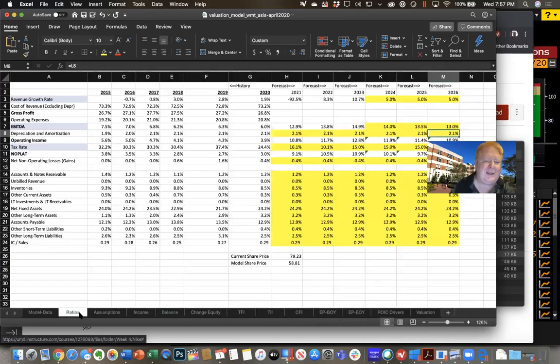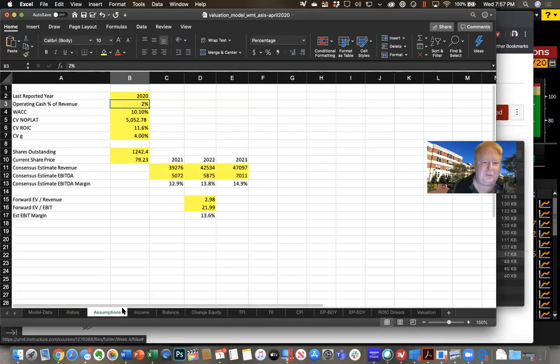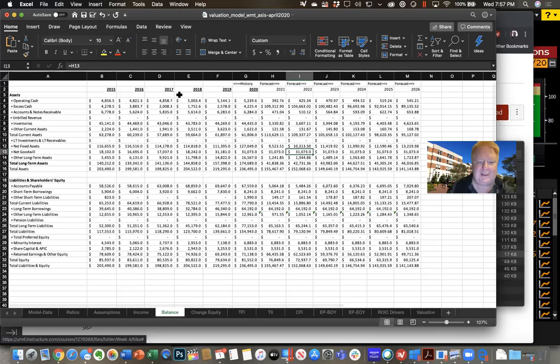Practically, I had put in 2% as operating cash, but Walmart actually lives on 1%. They use 1% operating cash, so they have less operating cash. That's probably not something you're going to change for other companies, but it was true for Walmart. You can't have a negative excess cash balance, and going back to the balance sheet, that makes the historical excess cash positive.